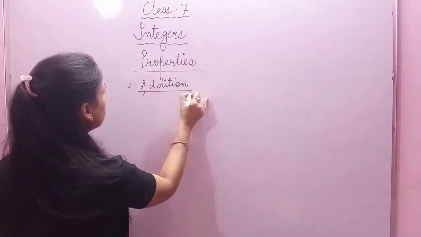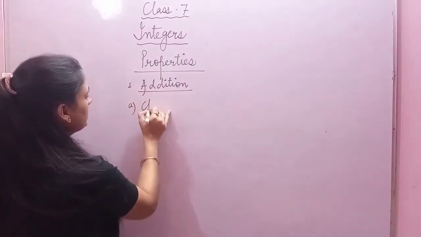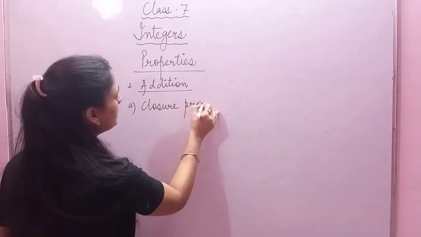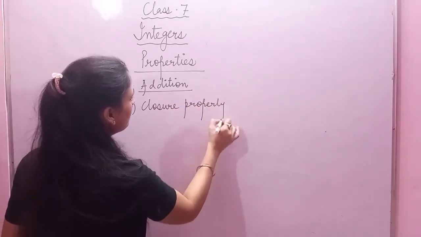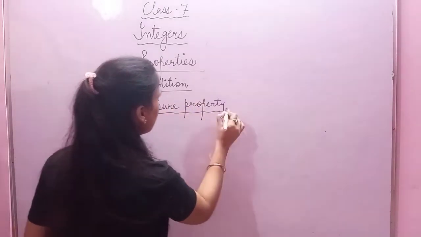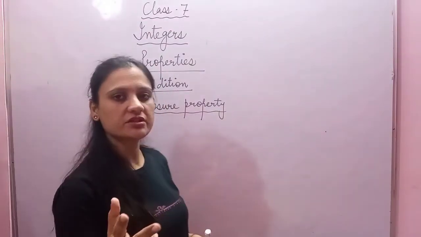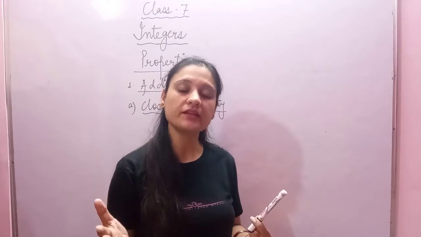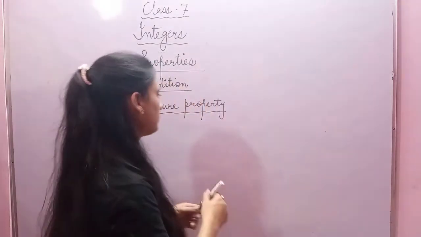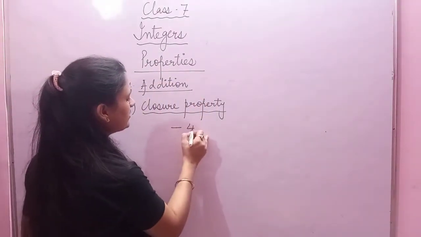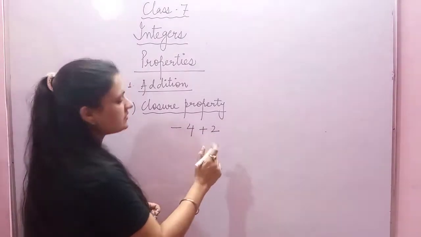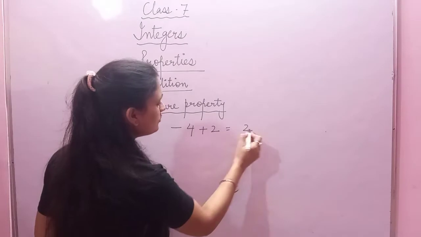First property is closure property. What is closure property? Very simple. It says that when you add two integers, whatever answer you get is again an integer. For example, suppose I am adding -4 plus 2. Minus 4 minus 2 is 2.